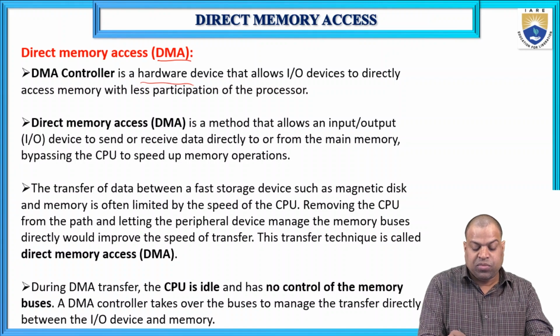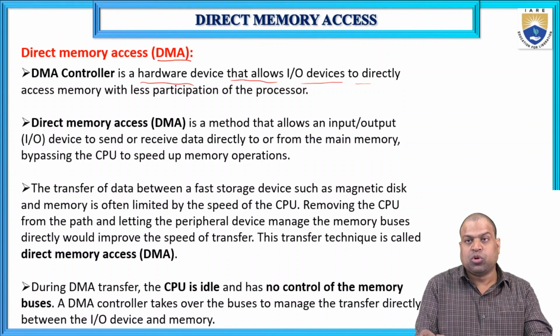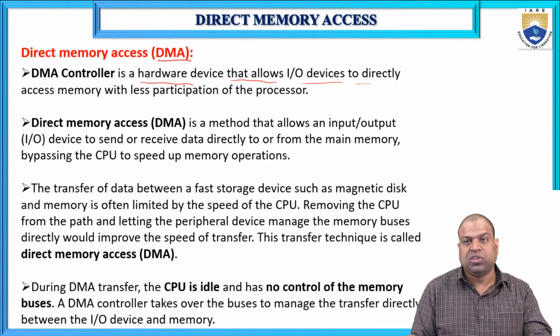So it is a hardware device that allows input-output devices to directly access memory with less participation of the processor. Direct memory access is a method that allows an input-output device to send or receive data directly to or from the main memory by passing the CPU to speed up memory operations.